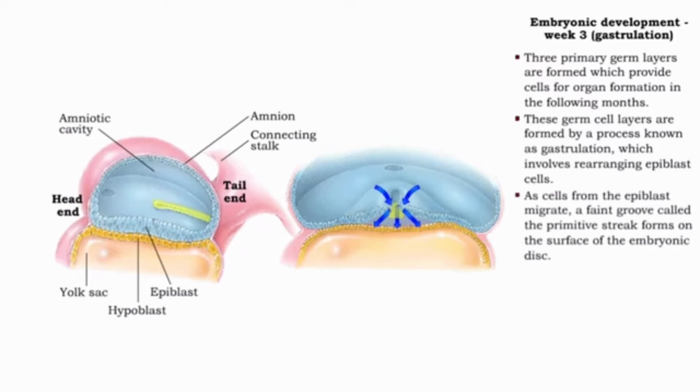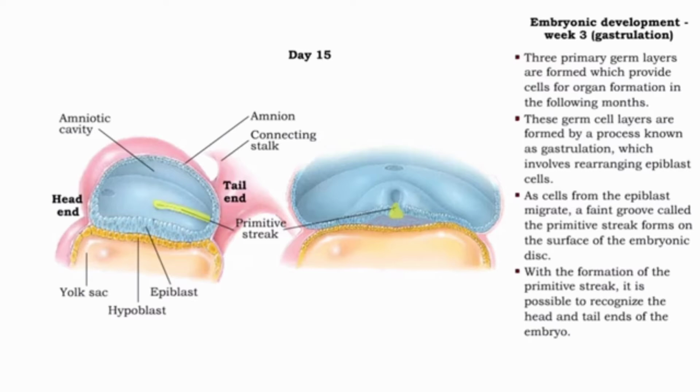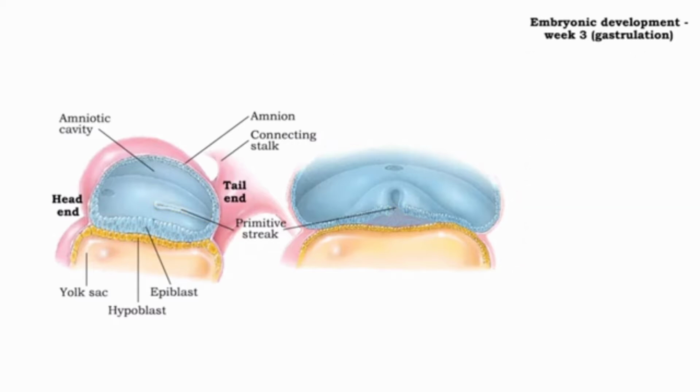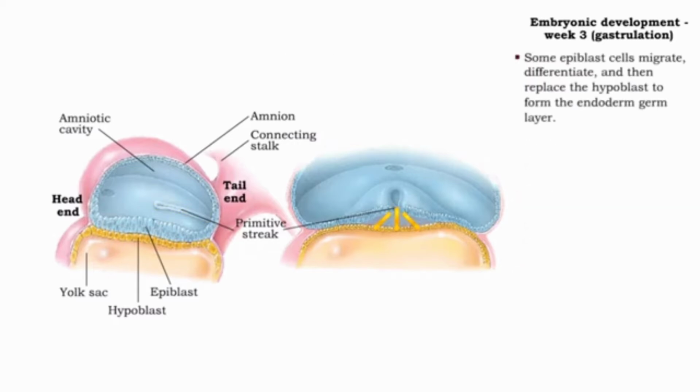As cells from the epiblast migrate, a faint groove, called the primitive streak, forms on the surface of the embryonic disc. With the formation of the primitive streak, it is possible to recognize the head and tail ends of the embryo.